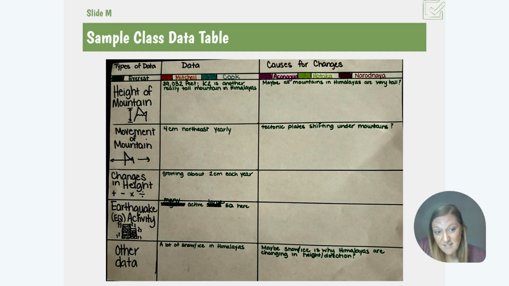So it turns out there's a lot of large earthquake activity here. And then we also added a little bit of other data. So go ahead and add what you think is important to your data. You can copy this or you can just jot down your own ideas. But if you need to pause the video here and add to your data table, go ahead.